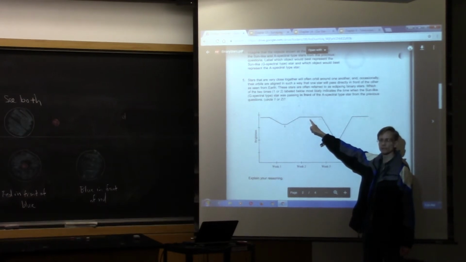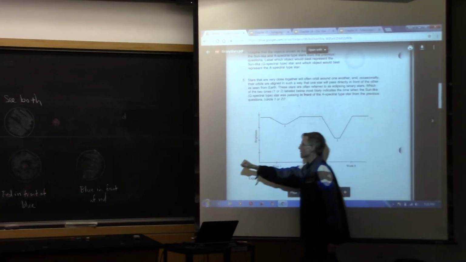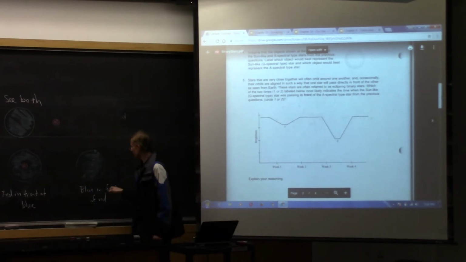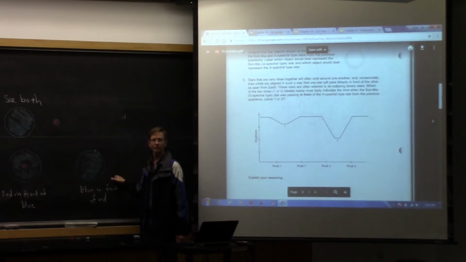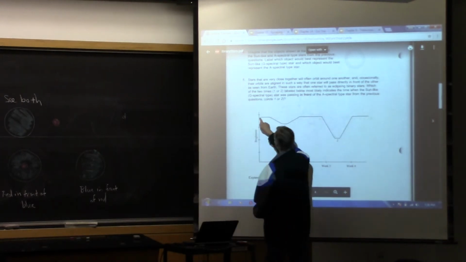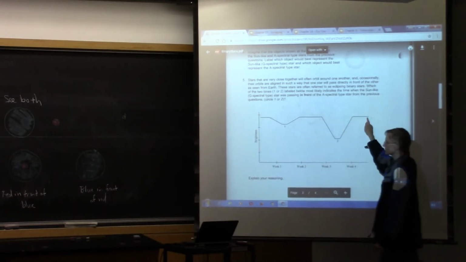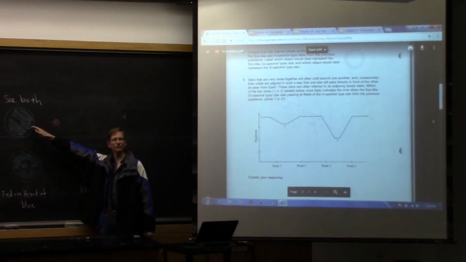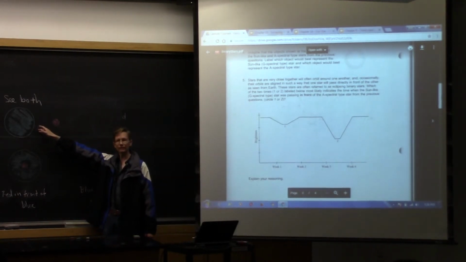It's as bright as we see it. Is that going to be, I see them both, red in front of blue, or I only see the blue star? Everybody at once. Both. Yeah, when you can see them both, you're getting the most light. So any point where it's the maximum brightness, those are, see them both times. You can see both of the stars.